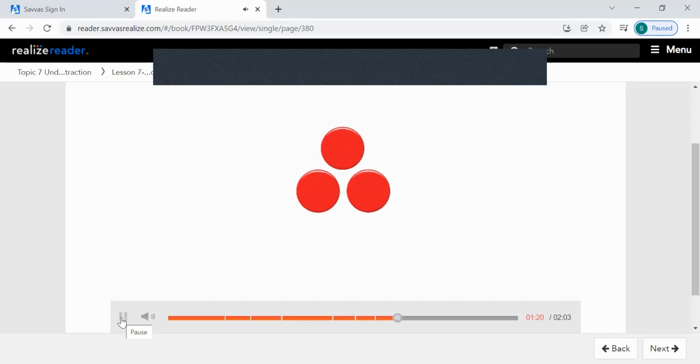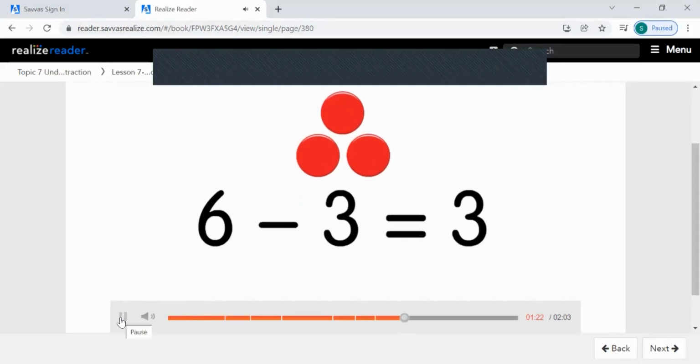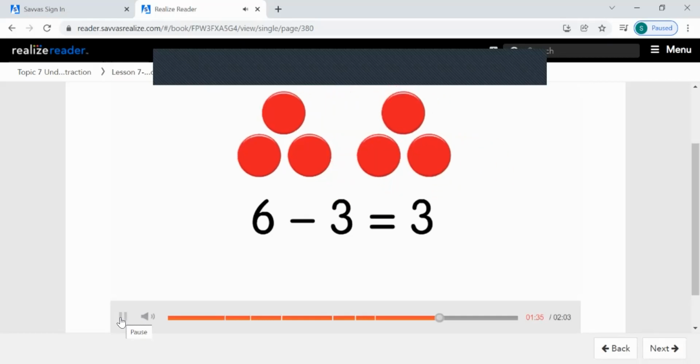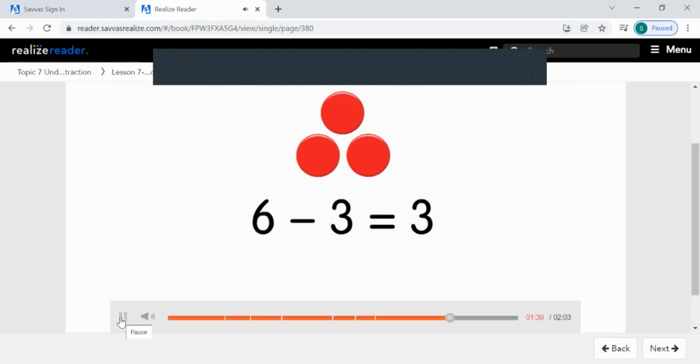Now, let's write this number story as a number sentence. How many fire hats are left? 3 fire hats are left. What is left is the difference between what you started with and what you ended with. 6 minus 3 equals 3.